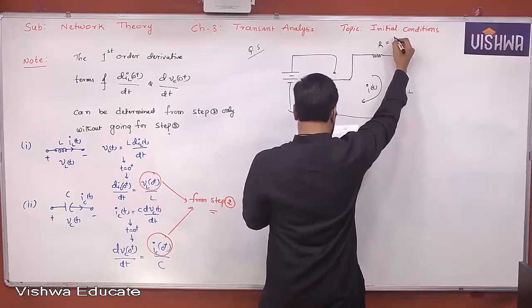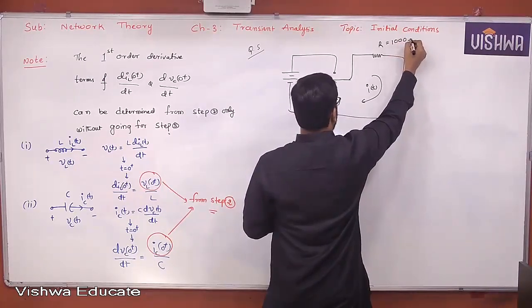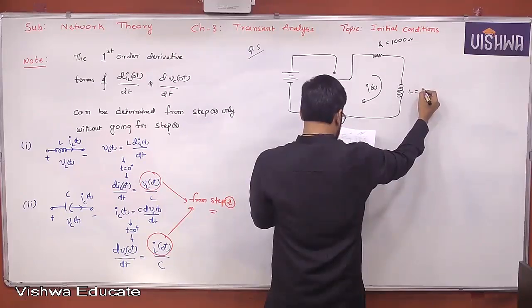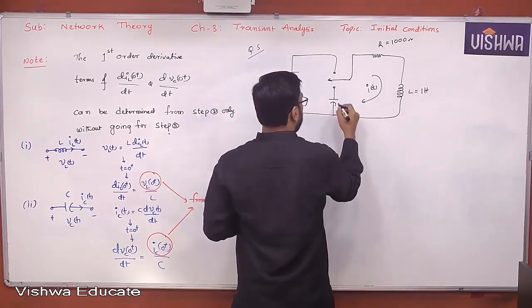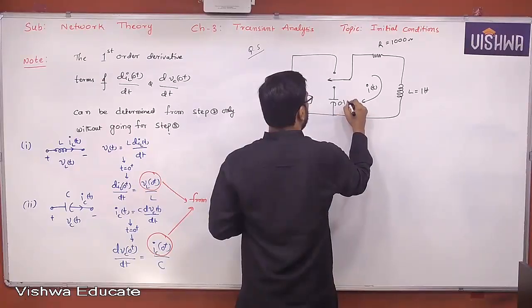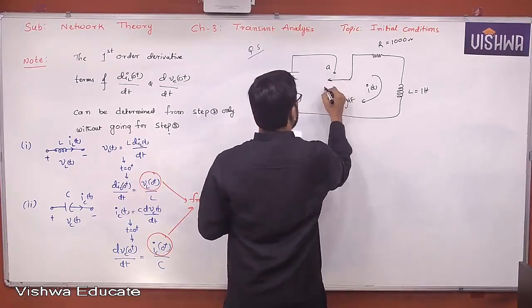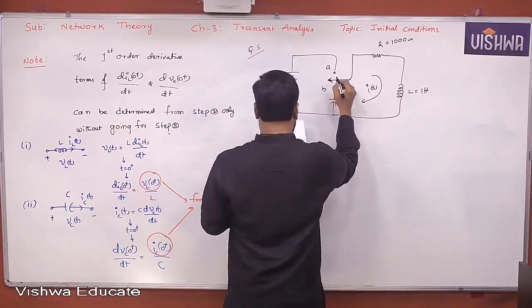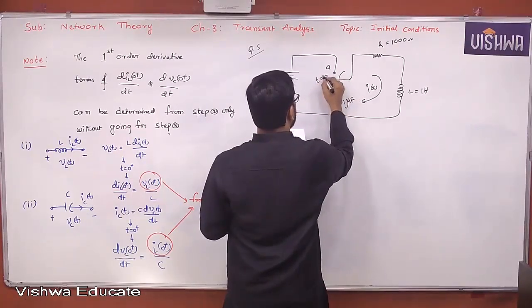R value is given. L value is 1 Henry, 0.1 microfarad. This is A. At t equal to 0, the switch is moved from A to B.